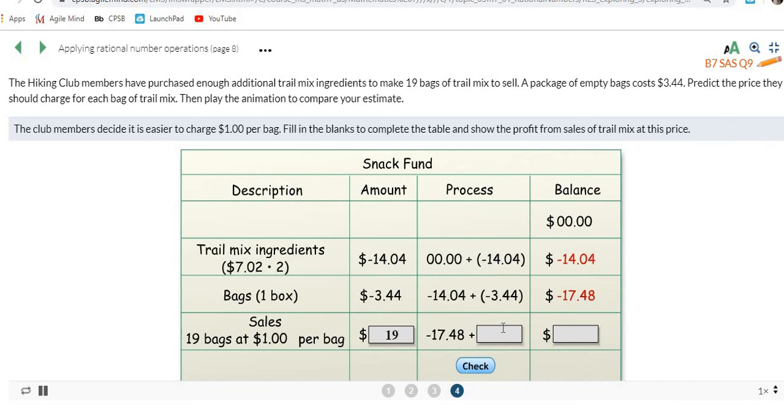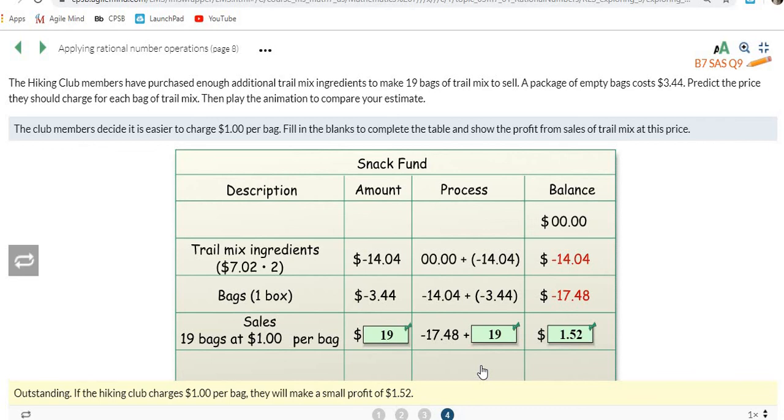That means I'm going to add $19 to my debt. And how much have I profited? $1.52. Let's check. It is correct.